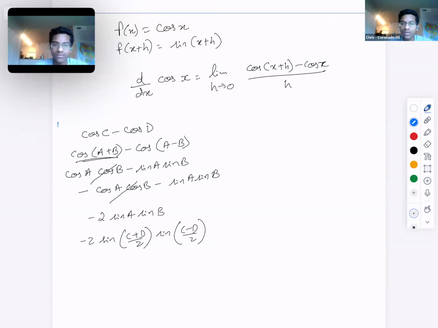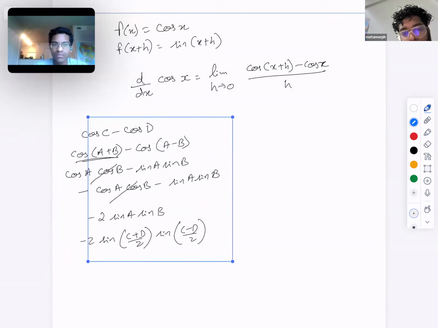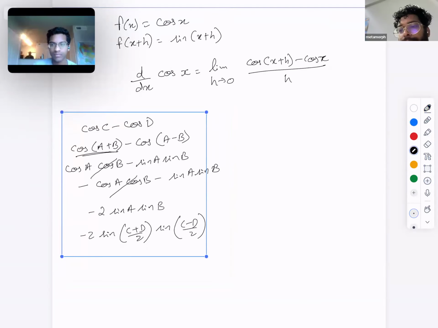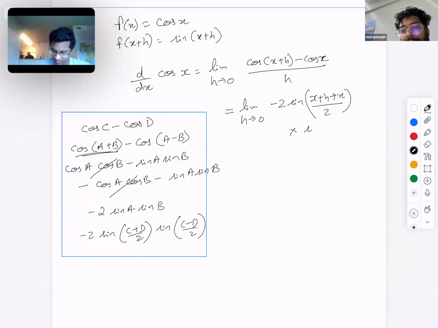This is going to be used. This is what we're using. All right. So the derivative equals limit h approaches 0 of negative 2 sine of x plus h plus x over 2, multiplied by sine of x plus h minus x over 2.